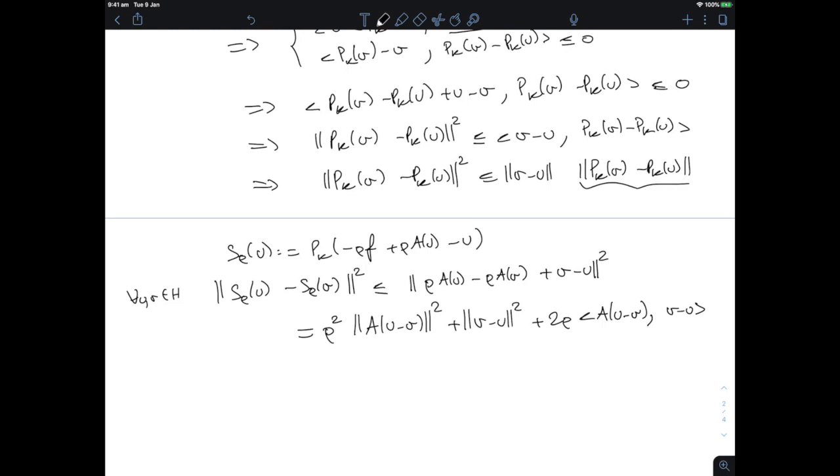Okay, and now it's a good time to remember what that is in terms of the bilinear form. So I have rho squared times the norm of A(u − v) squared plus the norm of v minus u squared minus 2 rho times a(u − v, u − v).